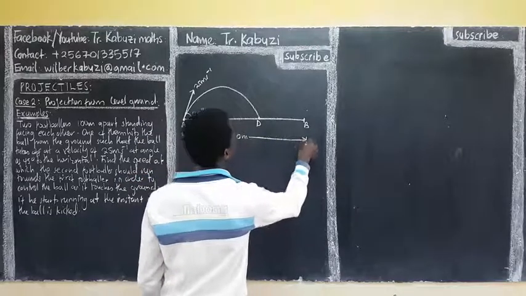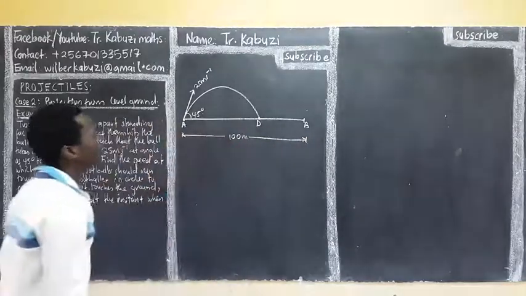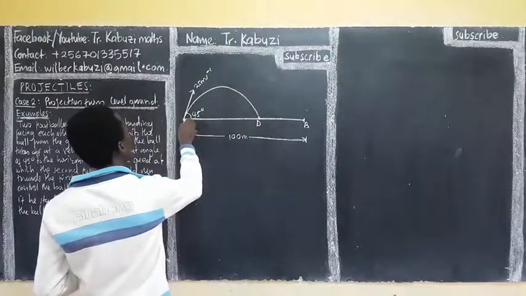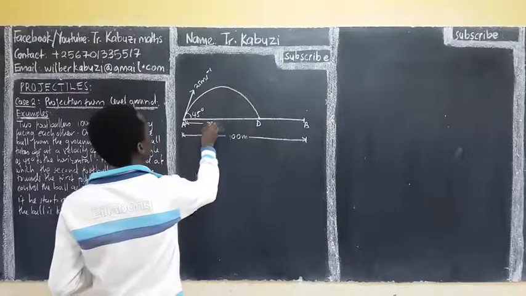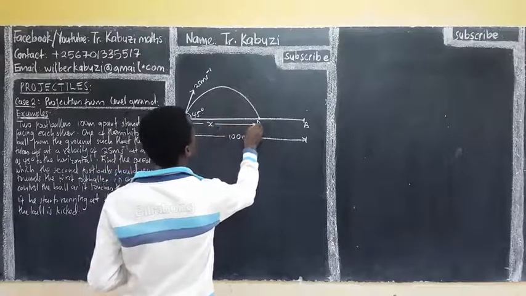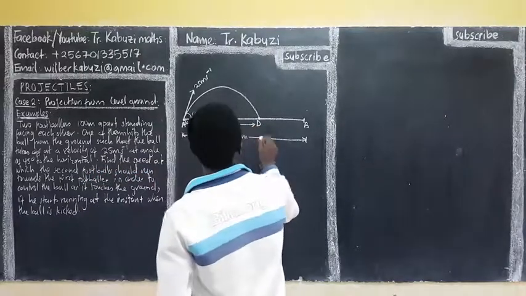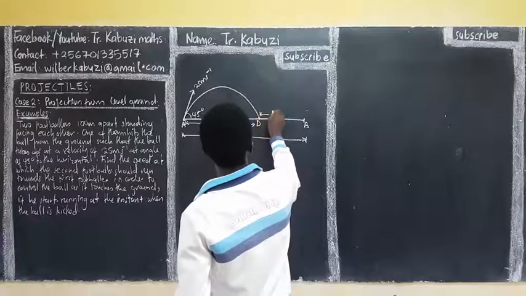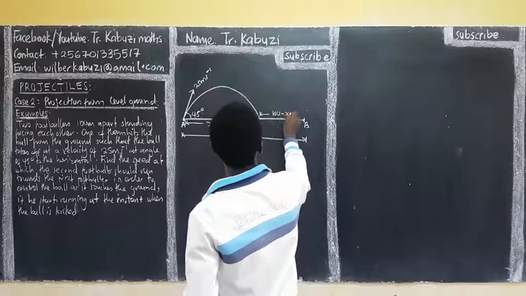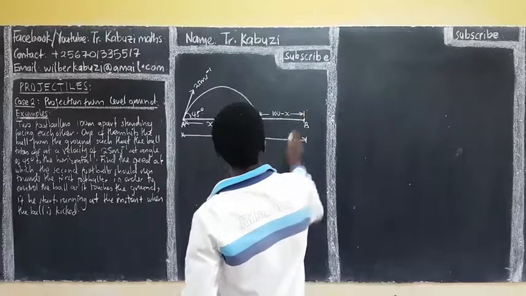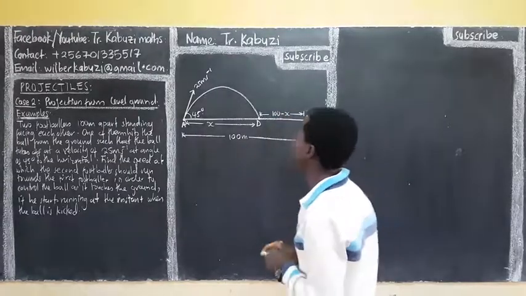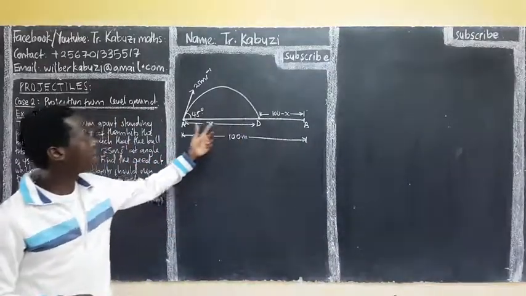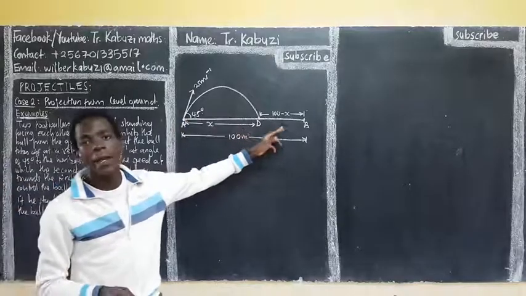If from here up to here is x distance, which you can easily get, then B has to cover 100 minus x so that he can meet that ball in the same time, because he is running at the same time.